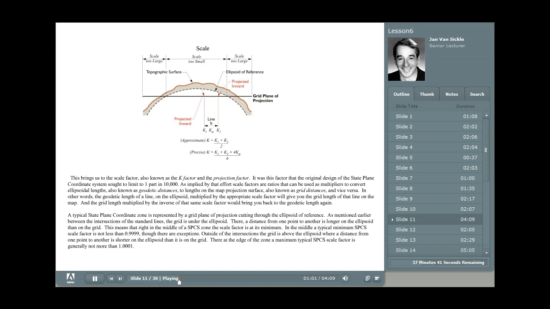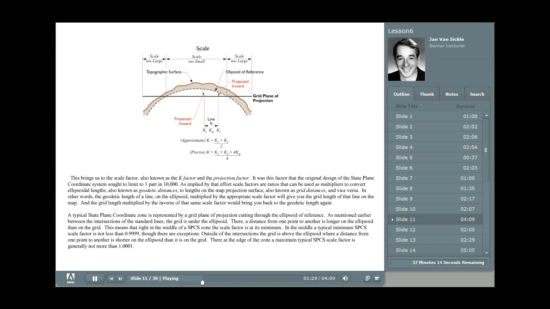Now please notice that I'm talking about the distance on the ellipsoid in reference, not as measured on the surface of the Earth. The scale factor is to move from the ellipsoid to the map and back to the ellipsoid. You can go from grid to geodetic and geodetic to grid. However, there's another factor that we're going to talk about that will get you from the topographic surface of the Earth, where the measurement was made, down to the ellipsoid.